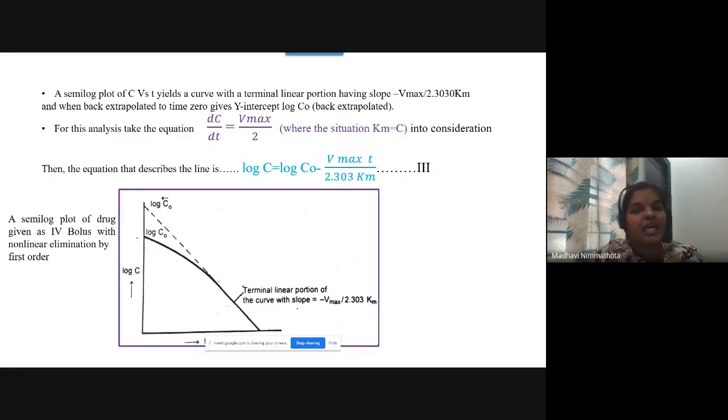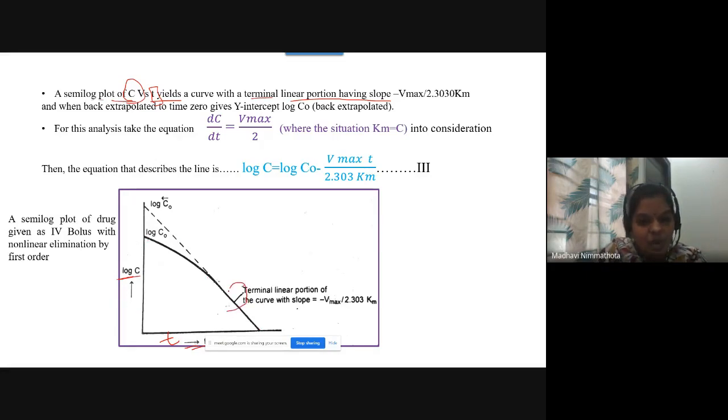Then the continuation from this slide is a semi-log plot of C versus T, that is plasma drug concentration versus time. It yields a terminal linear portion. Here this is log C and on the x-axis you have T. When you plot T versus log C, the curve appears like this.